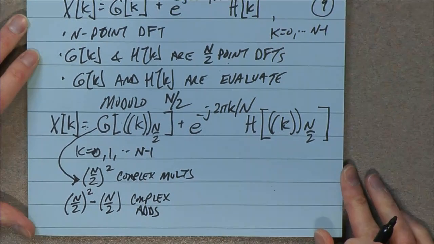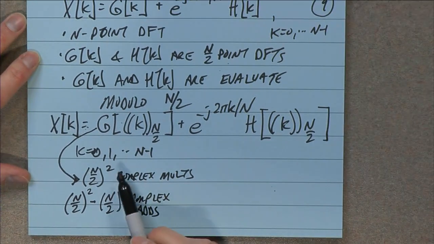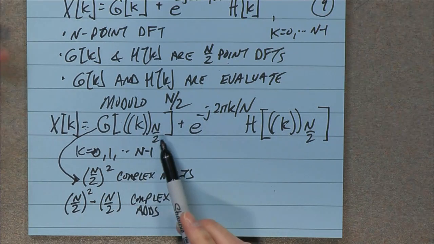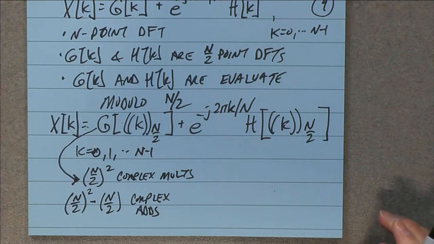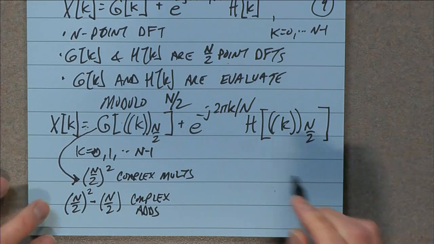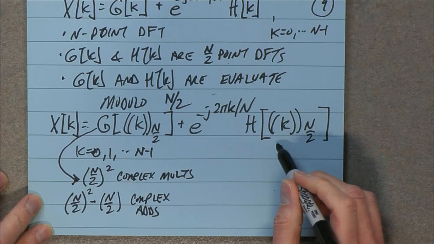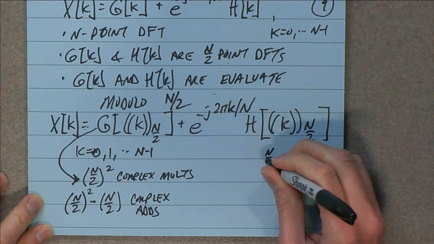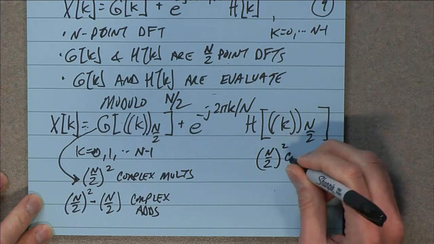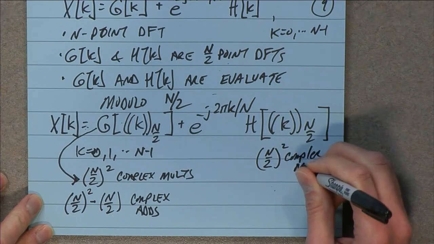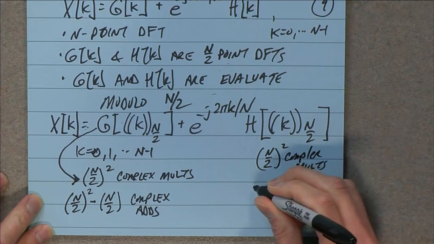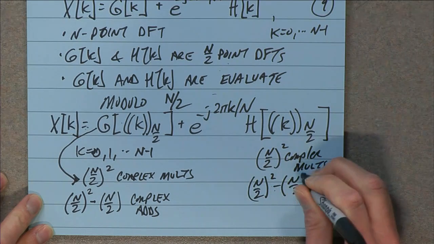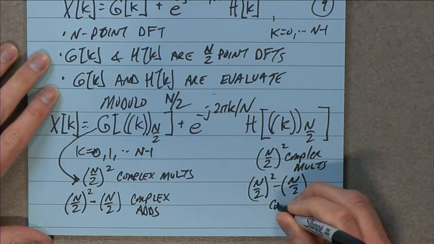We got this because the endpoint one was n squared multiplies and n squared minus n adds. So if we divide n by 2, it's the same thing, just n over 2. Well, h of k is clearly the same as g of k, so that's n over 2 squared complex mults. Nothing new there. And n over 2 squared minus n over 2 complex adds.